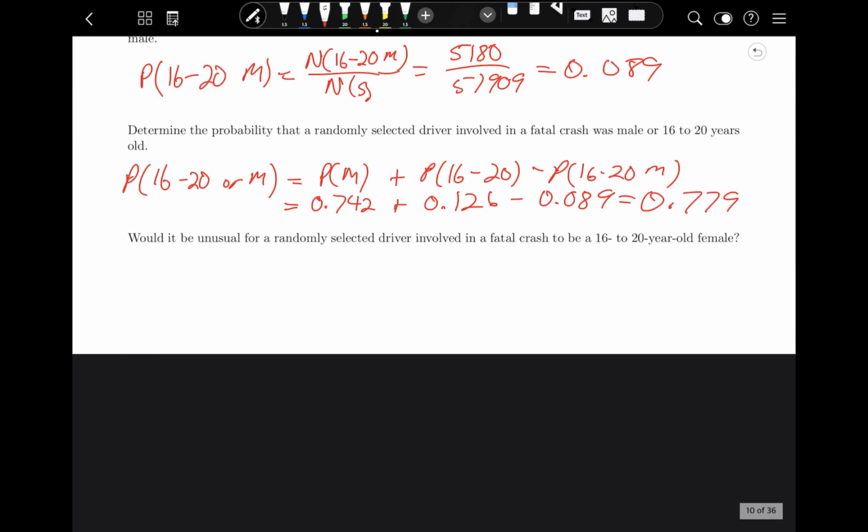And then the last question here doesn't necessarily have to do with the or rule, but it's just a question they want us to answer. Would it be unusual for a randomly selected driver involved in a fatal crash to be a 16 to 20-year-old female? That's just the number of 16 to 20-year-old females divided by the total number of drivers.